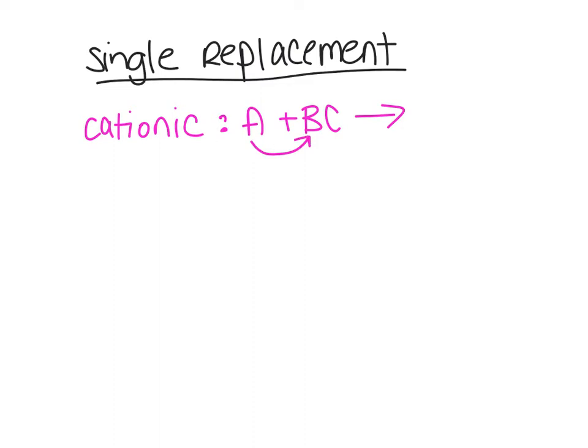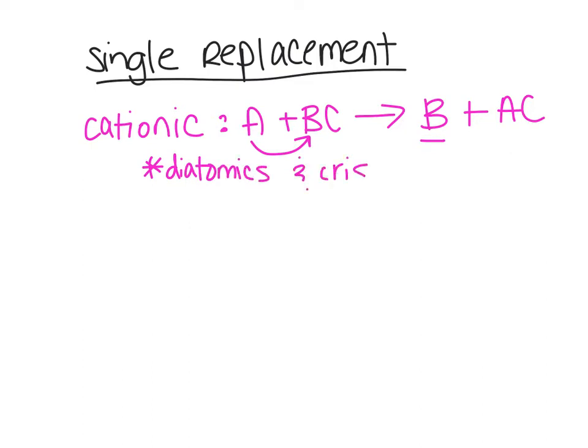A would kick out the first one listed, so it is a cation replacing a cation. Then we would leave B on its own plus AC. And again, for all of these, when you're forming new compounds, crisscross charges, and make sure you're including any diatomics that need to be respected. So don't forget your diatomics and crisscross. Don't forget that hint.